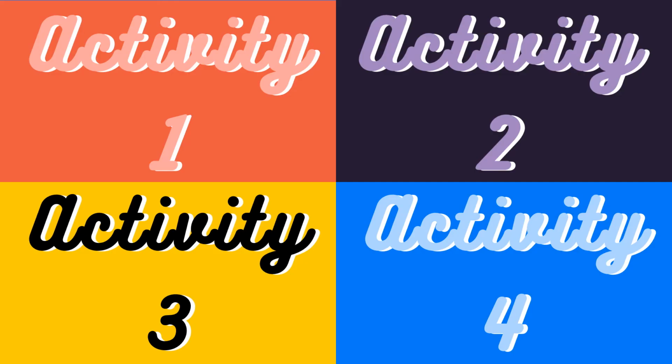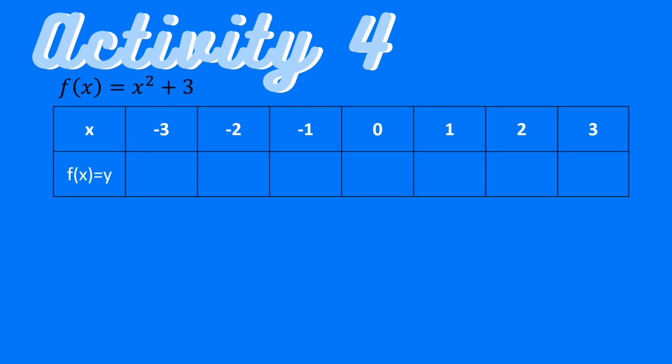So let's try another one. Let's go to our fourth activity. For activity number 4, you have f of x is equal to x squared plus 3, wherein the values of your x are -3, -2, -1, 0, 1, 2, and 3. I will give you some time to answer what would be the values of y.